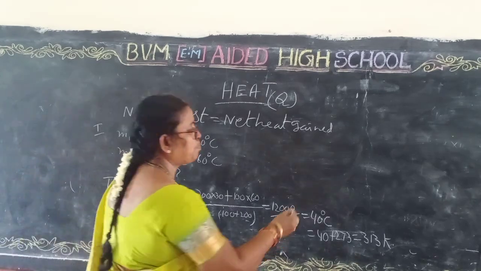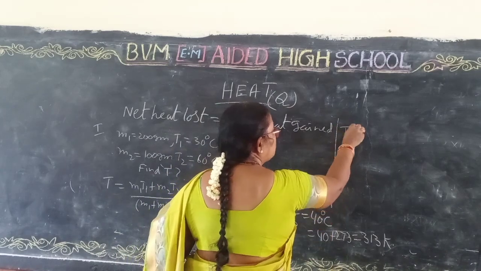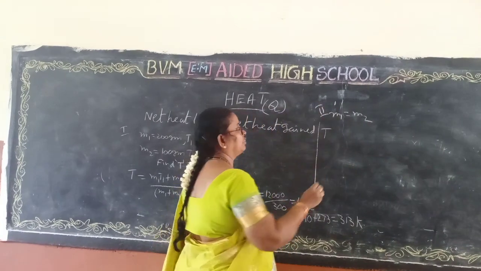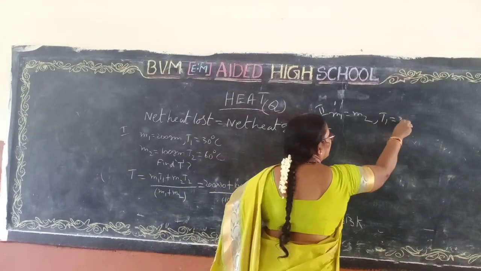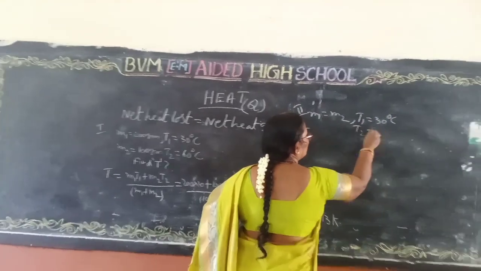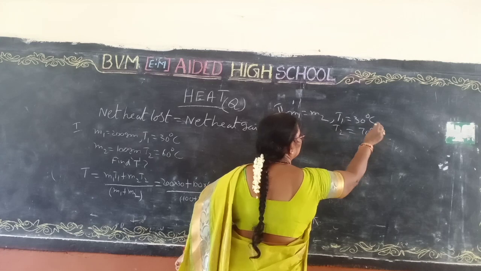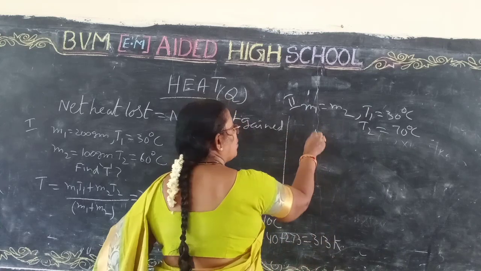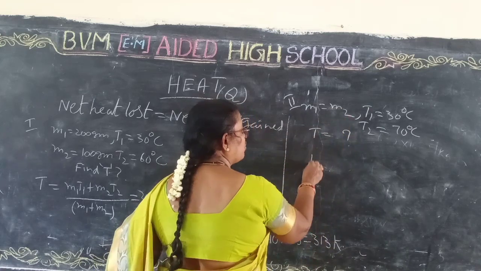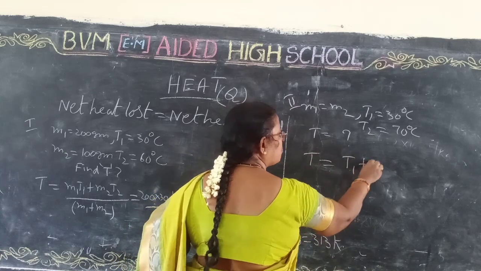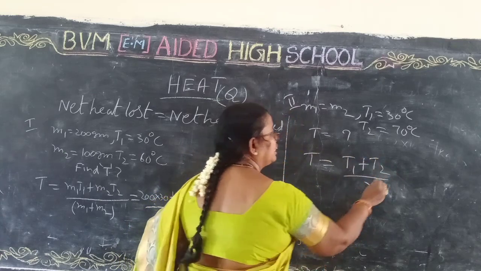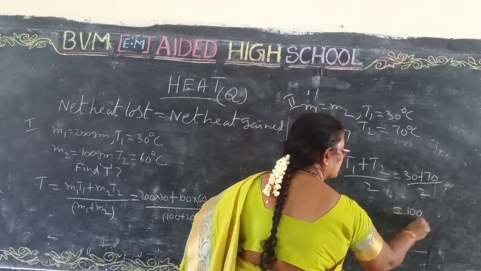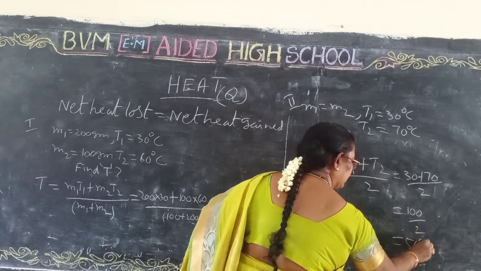Suppose another simple problem: if masses are equal, T1 is equal to 30 degrees, T2 is equal to 70 degrees. If M1 is equal to M2, then find T. For this, the simple formula is T1 plus T2 by 2, that is 30 plus 70 by 2, that is 100 by 2, that is 50 degrees centigrade.